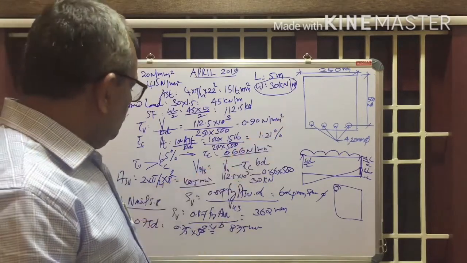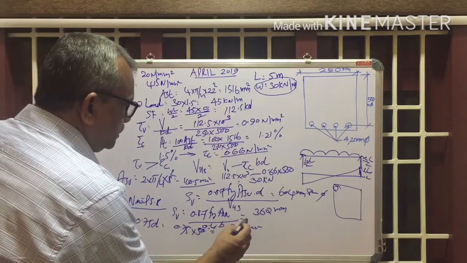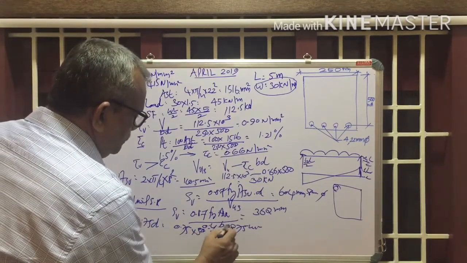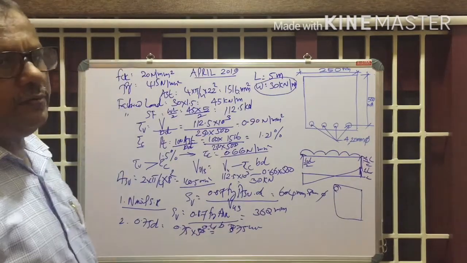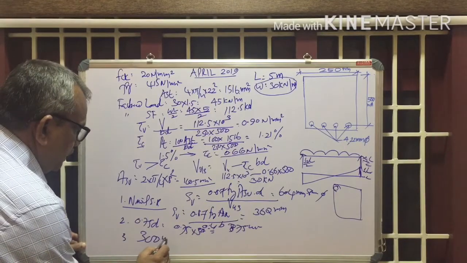I think it is 375, right? You calculate this value, approximately 375 mm. And the last one, number 3, 300 mm.